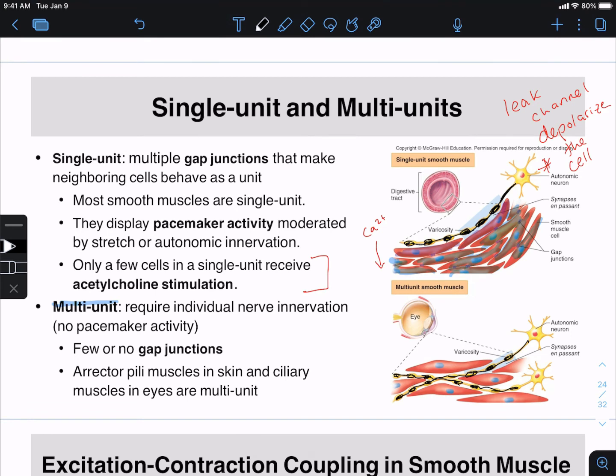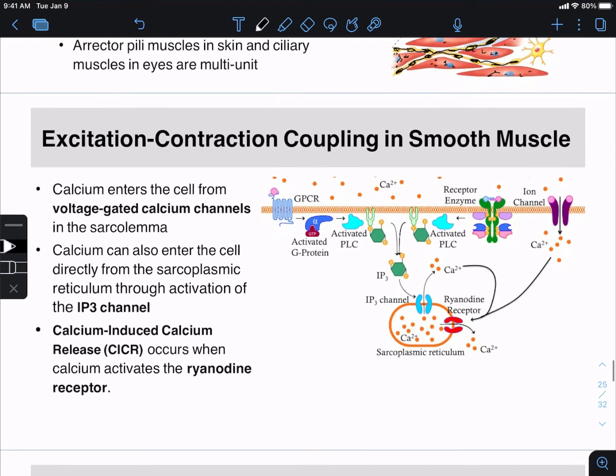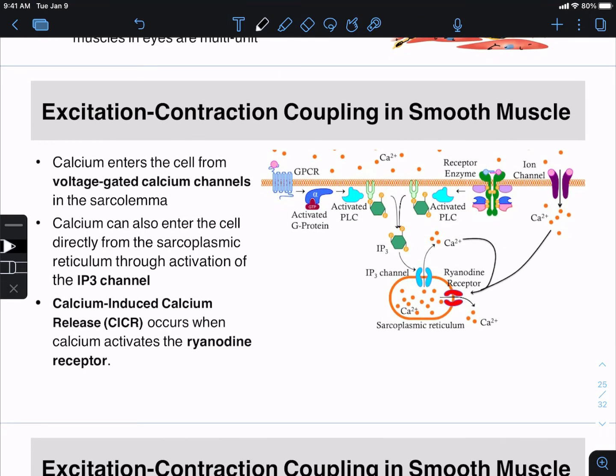And that is important because the action potential activates each of these cells in concert with one another. So rather than having a wave of contraction that descends deeper into the tissue, this is going to cause a rapid contraction of all of the smooth muscle cells present. We don't see pacemaker activity in the multi-unit muscles.